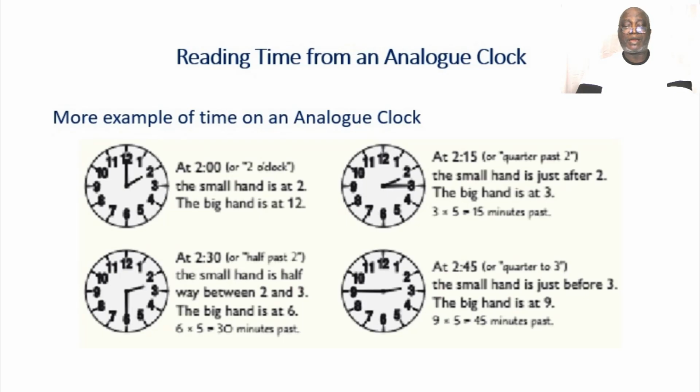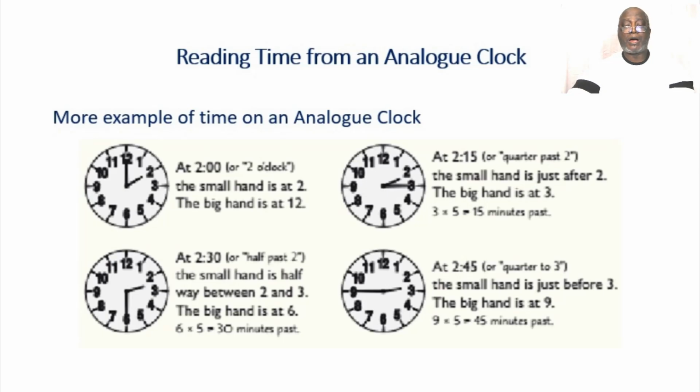So if we multiply 9 by 5 minutes, you'll have 45 minutes. We can count it from 12 to 9, which is 5, 10, 15, 20, 25, 30, 35, 40, 45 minutes.